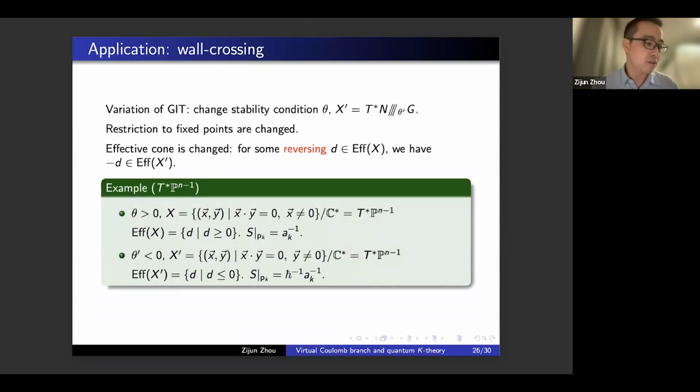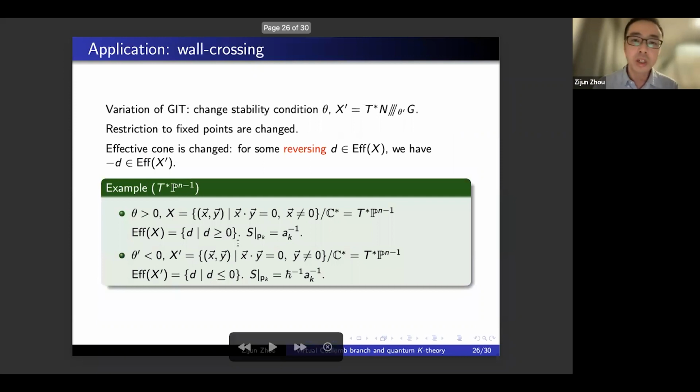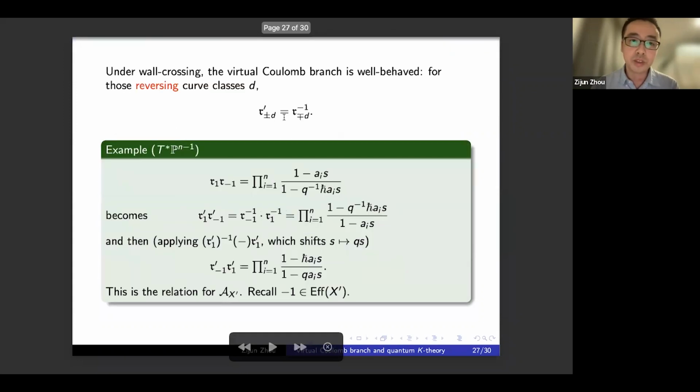This is an application one can get from this result. If you vary the stability condition of this GIT quotient, you can see that the generators of the virtual Coulomb branch behave very well.